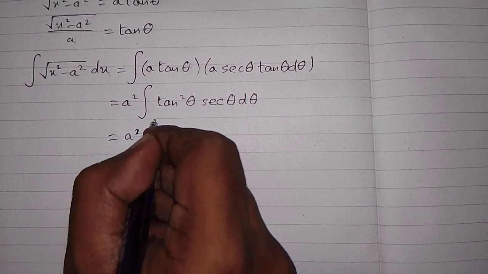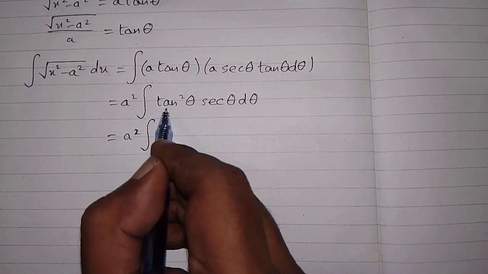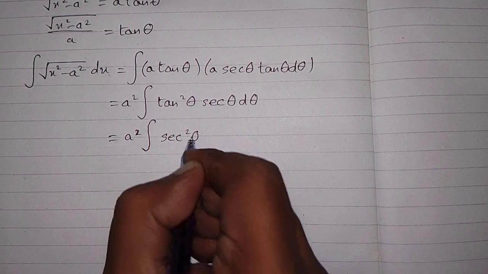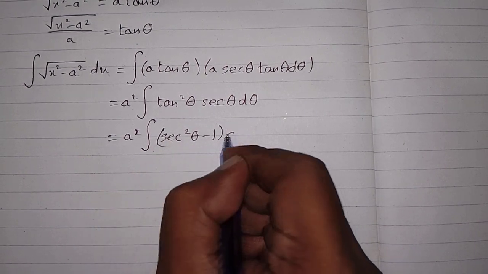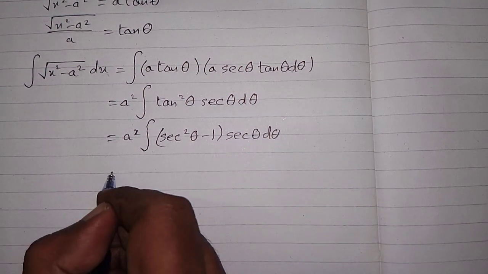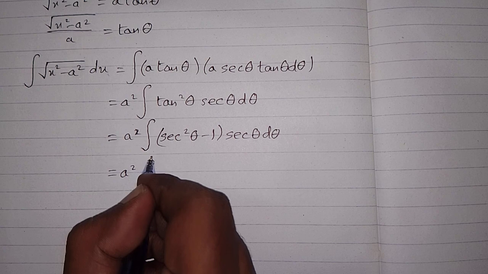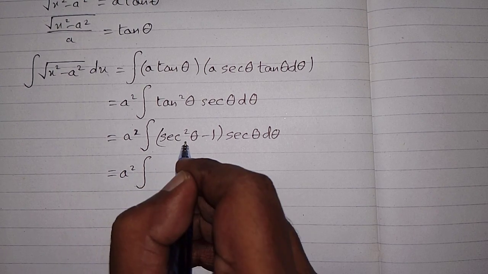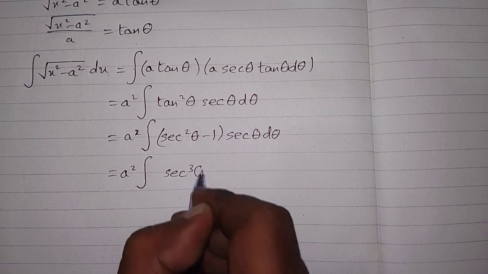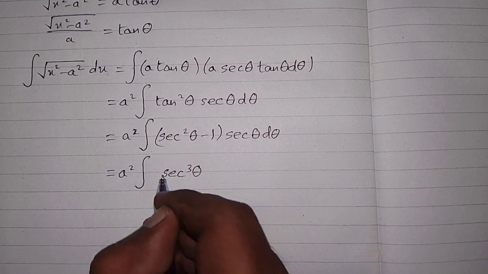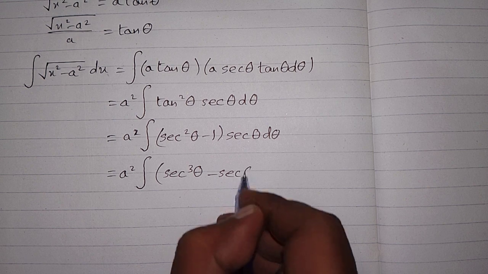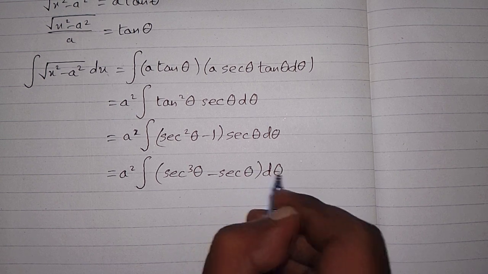Which is equal to a square. In place of tan square theta, we can put sec square theta minus 1. So sec square theta multiplied by sec theta is equal to sec cube theta, and minus 1 multiplied by sec theta is minus sec theta d theta.